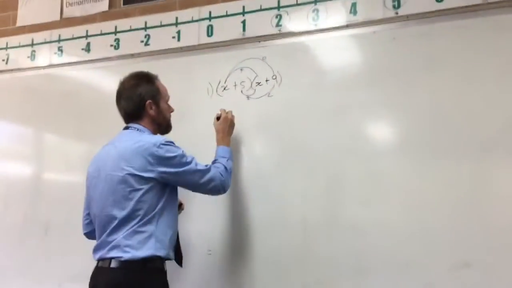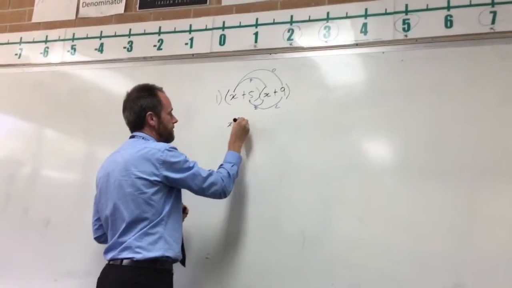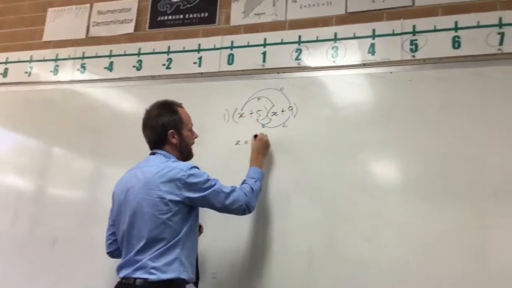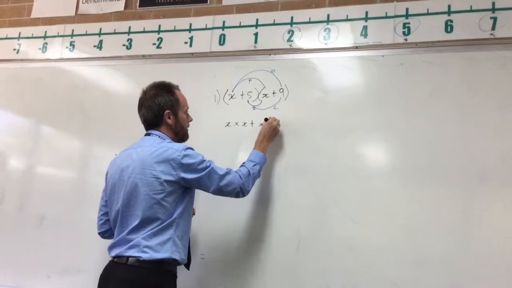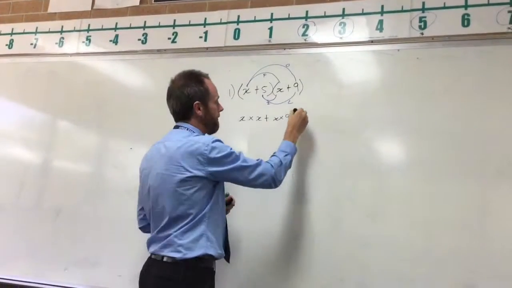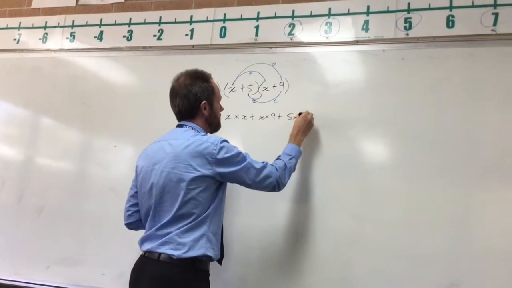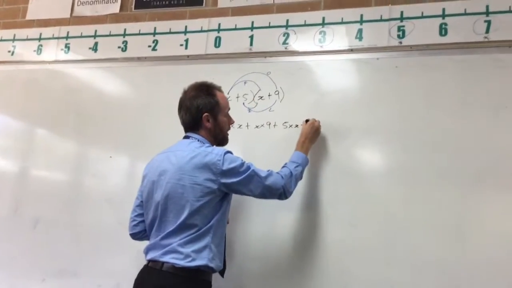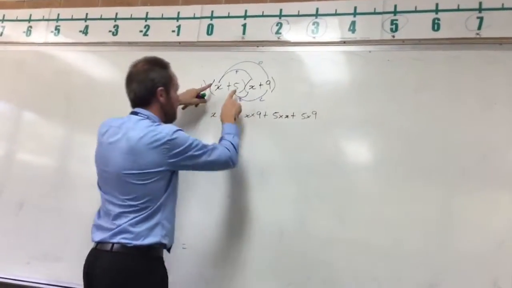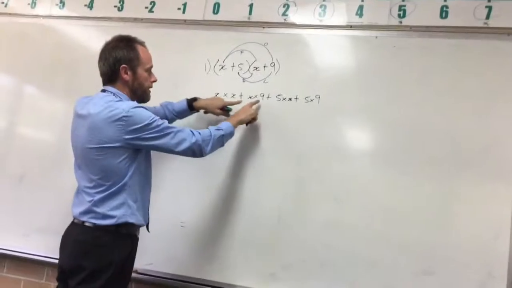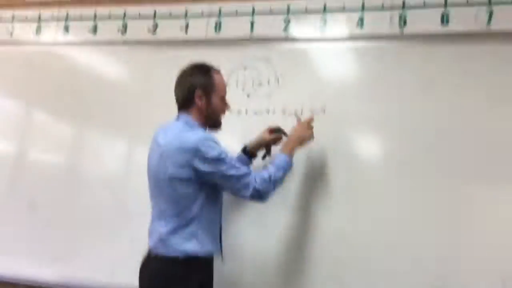Let's expand that out. So you've got x times x plus x times 9 plus 5 times x plus 5 times 9. There's my first terms, there's my outside terms, there's my inside terms, there's my last terms.